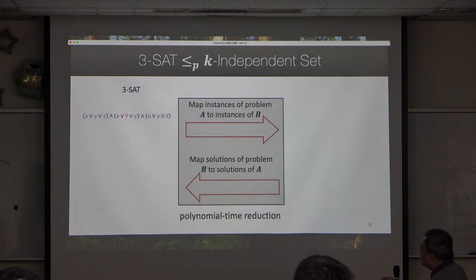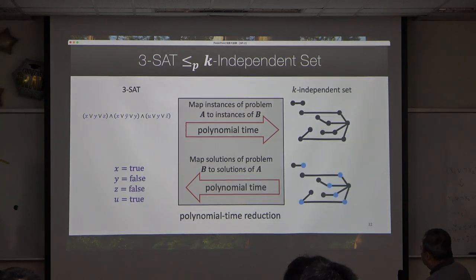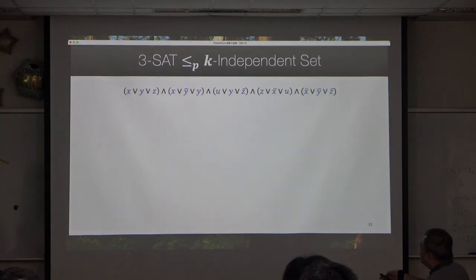We have a 3CNF formula, and we need to construct a graph such that if it has a K independent set, then we have a solution here. Remember, the assignment is true, false, false, true. How do we construct this graph?